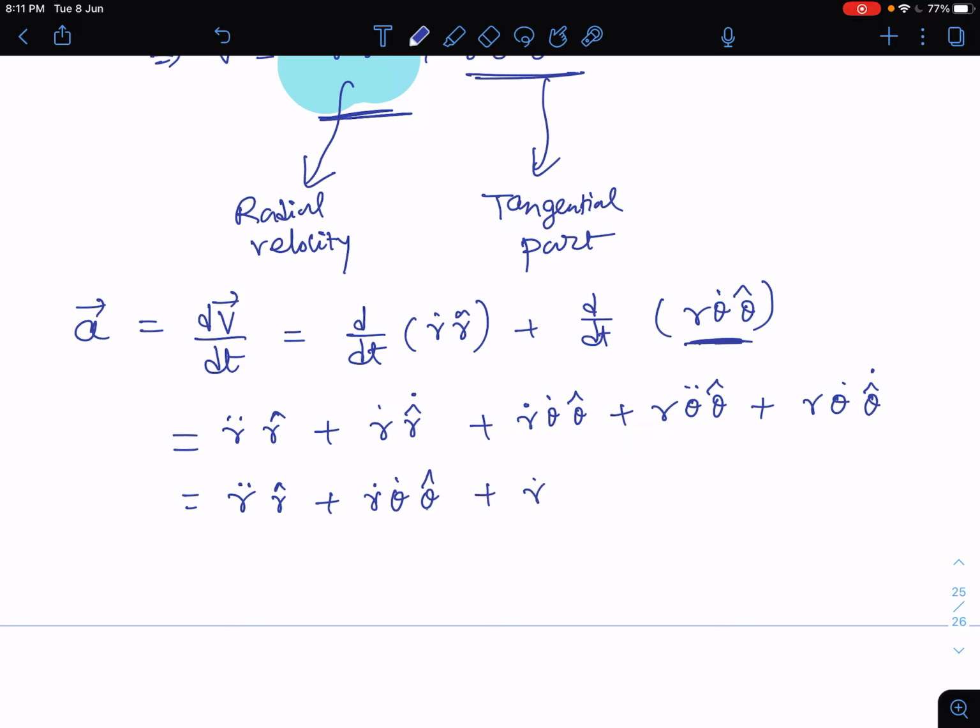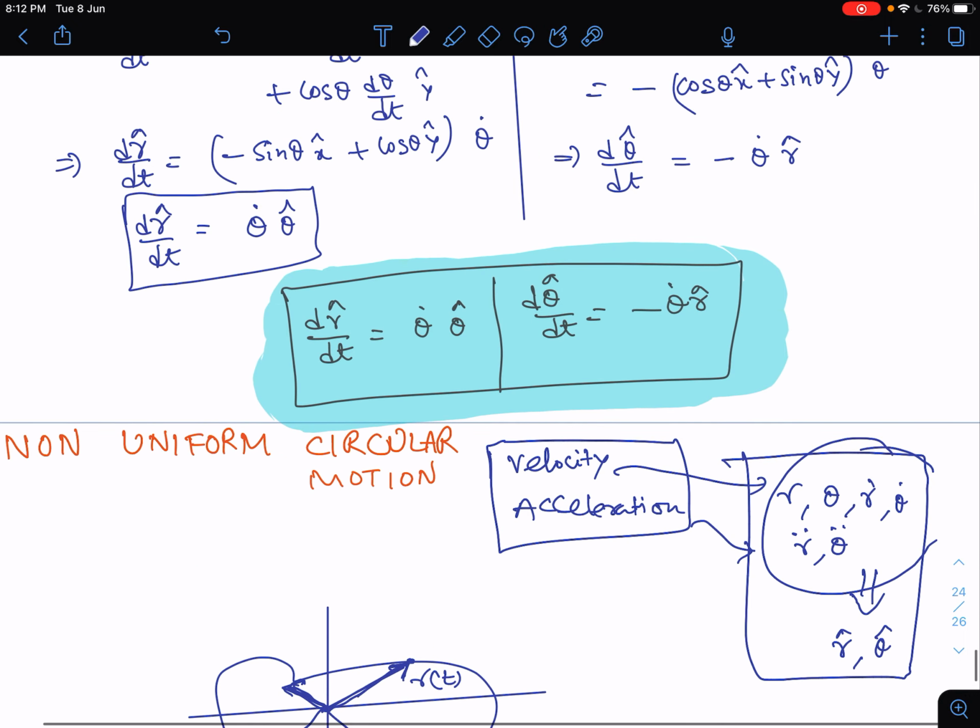So that is r dot theta dot theta cap. Then this term is r theta double dot theta cap. And this term is r theta dot, and what is theta cap dot? That is minus theta dot r cap, like this.